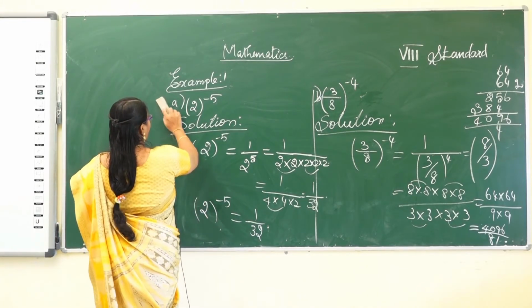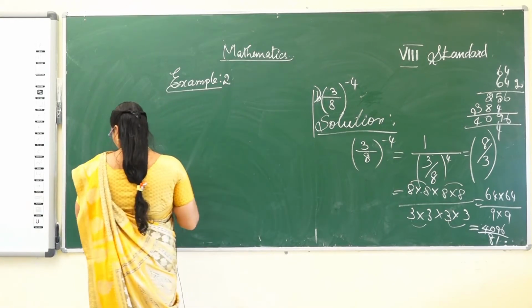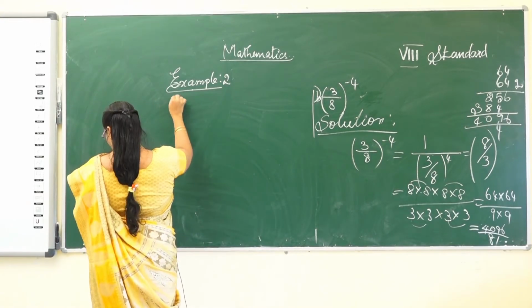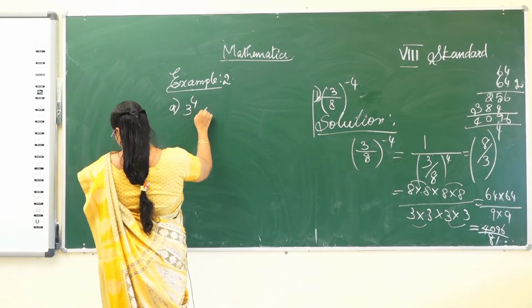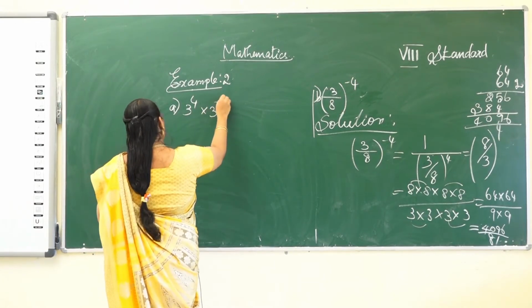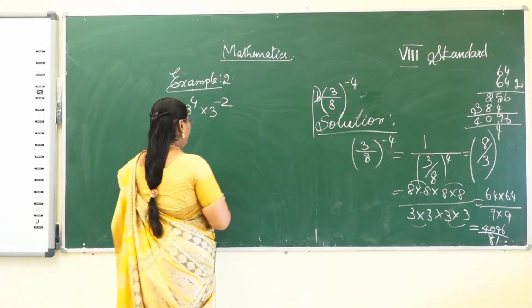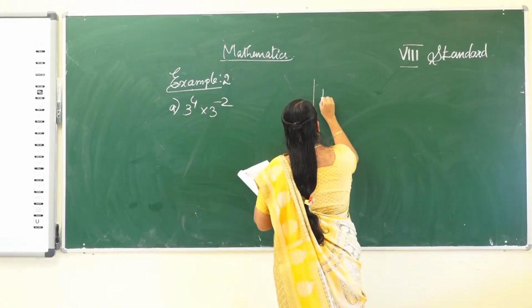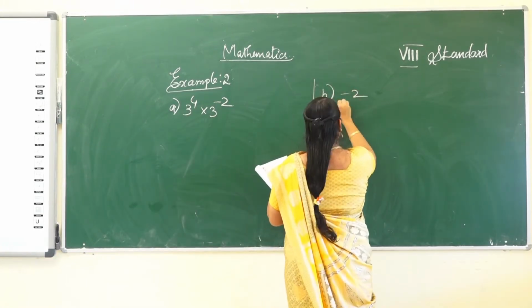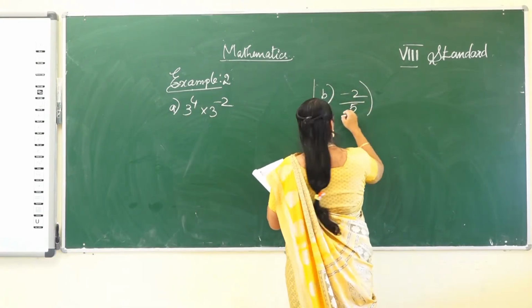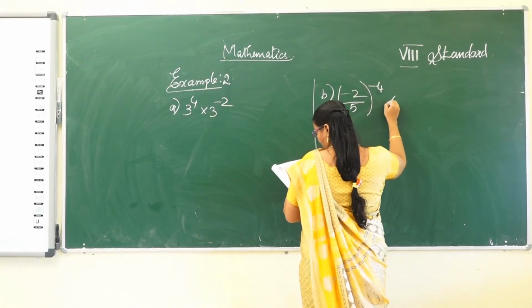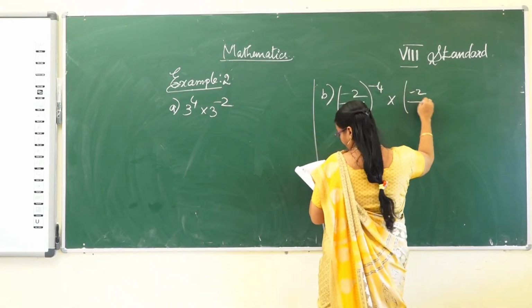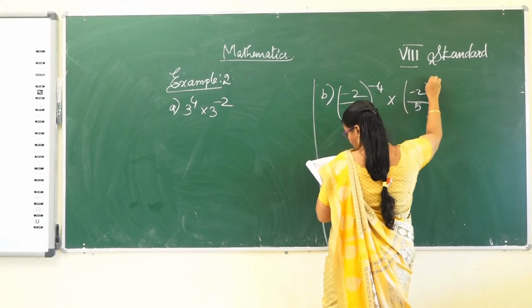Now see example 2. First subdivision: 3 power 4 into 3 power minus 2 is equal to 3 power 4 plus minus 2. B: minus 2 by 5 the whole power minus 4 into minus 2 by 5 the whole power minus 2.